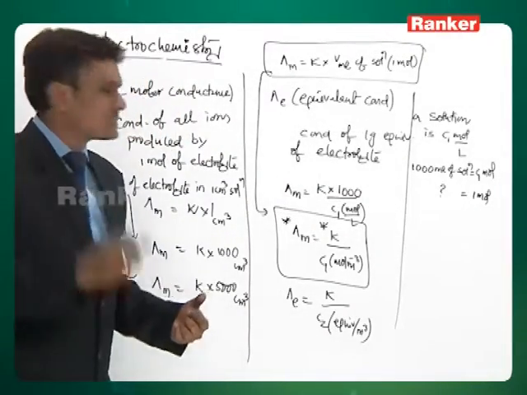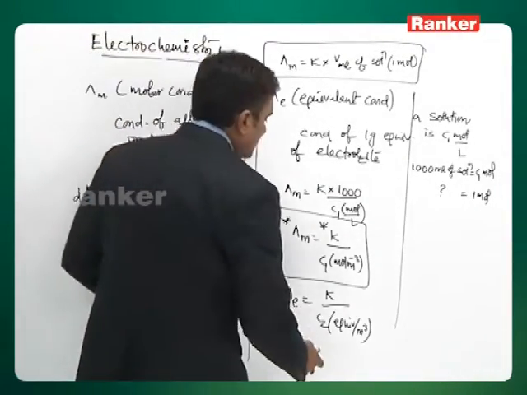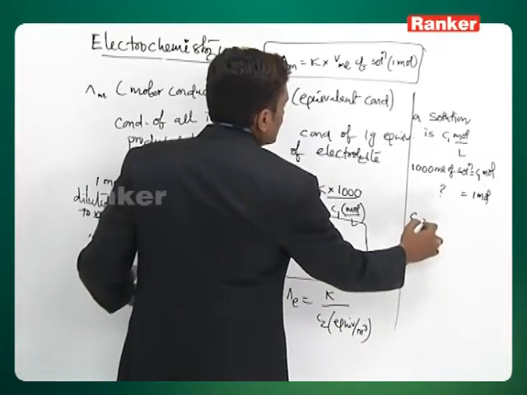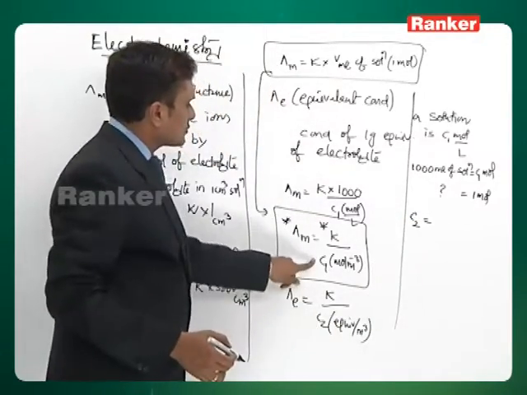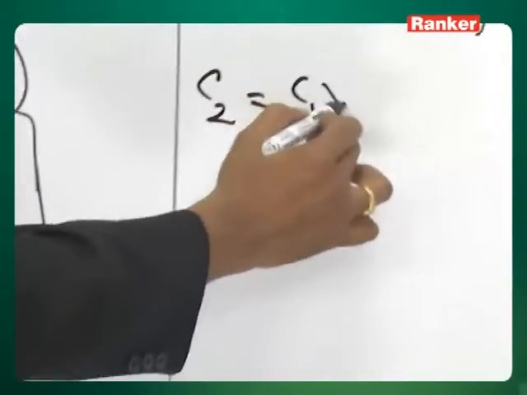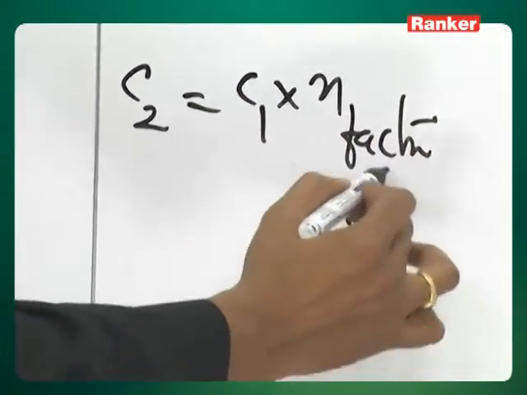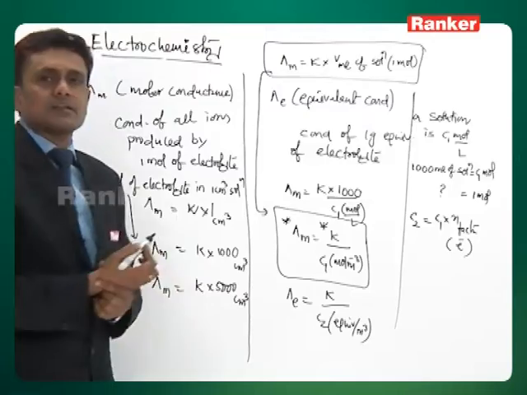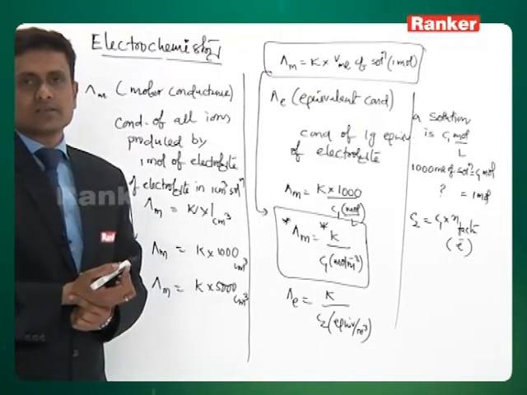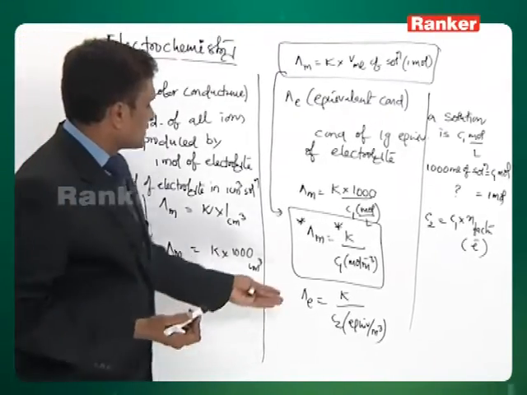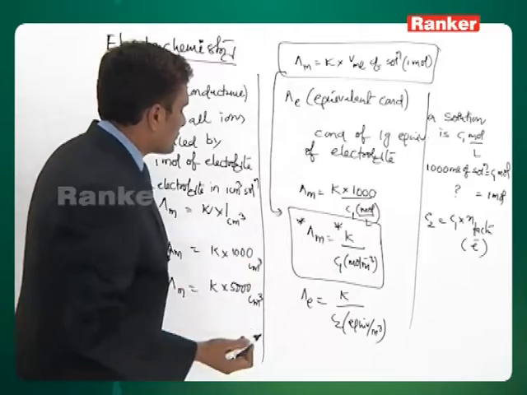Now you understand the relationship between equivalents and moles: normality equals molarity into n factor. What is n factor here? For a given salt, it is the number of moles of electrons absorbed or released during a redox reaction.